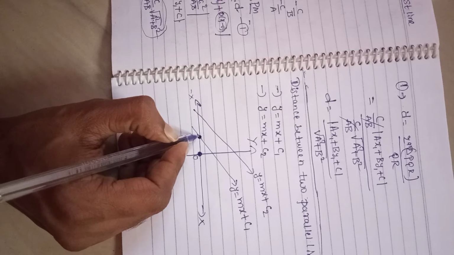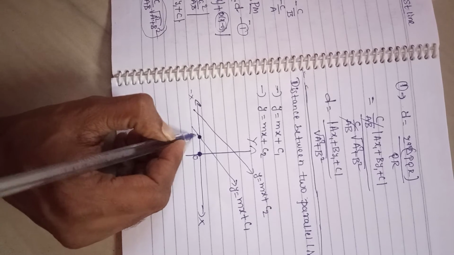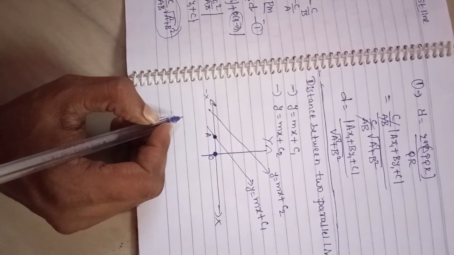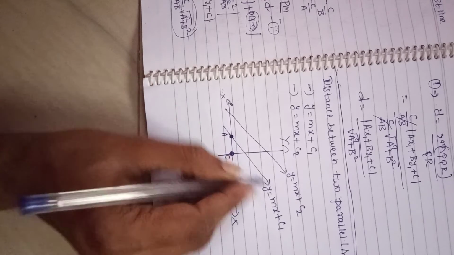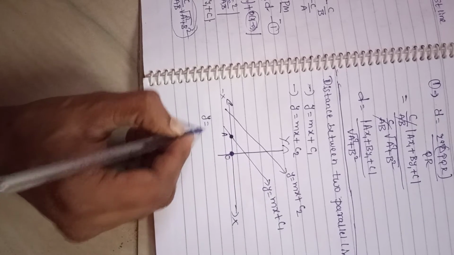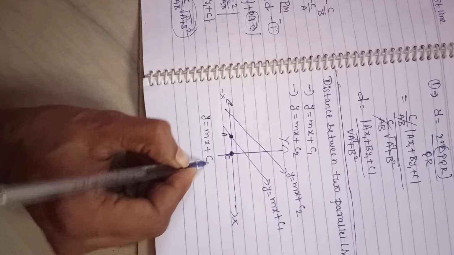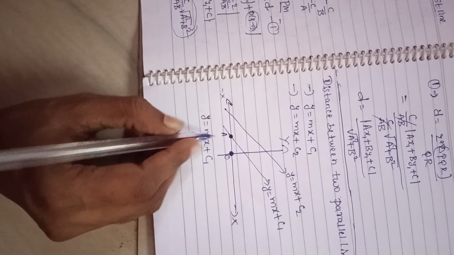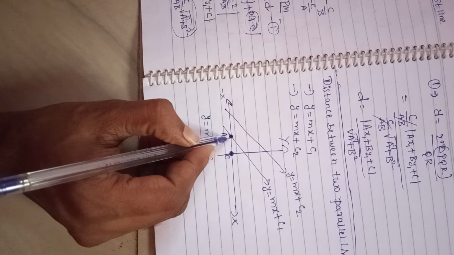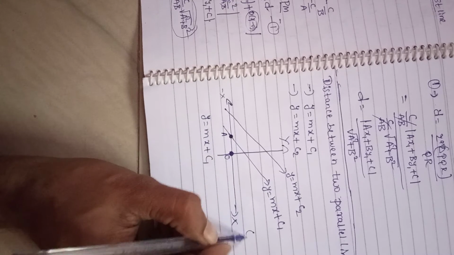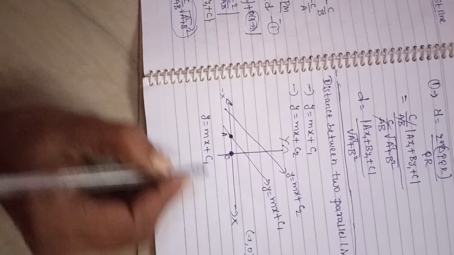So now let me call this point A. Okay, so for this we know the line equation y equal to mx plus c1, and if the point is on the negative x-axis, it will be of the form minus x comma 0. Correct, it will be minus x comma 0.